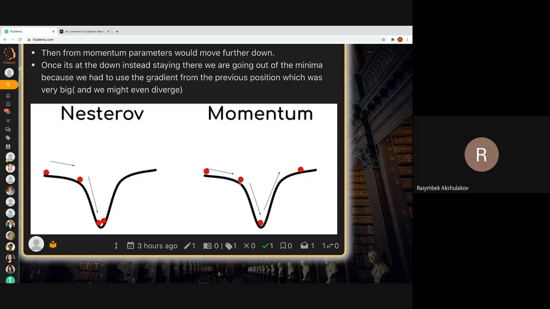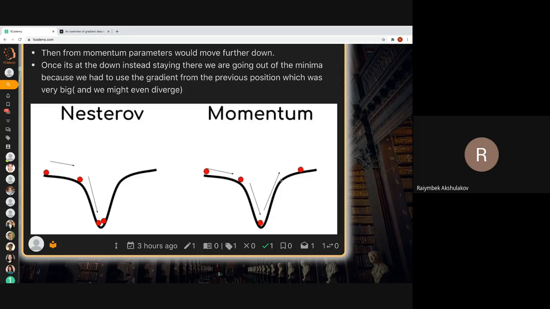We move a bit already to the edge of this global minima, and then we already have some momentum here, and we move in the direction of momentum, and it happens to go down. But now we have to go in the direction of the gradient from that point, which is actually very high. So we can go out of the minima, we're not going to stay at the minima.